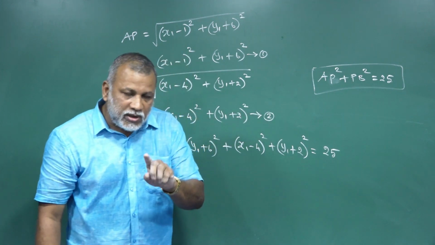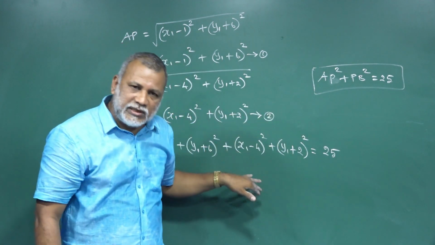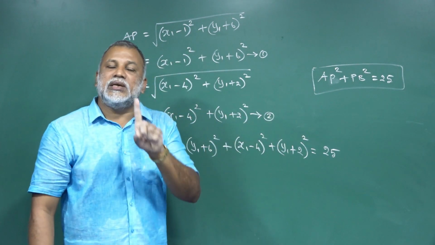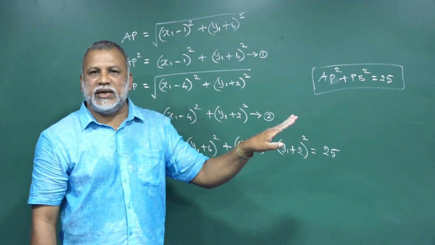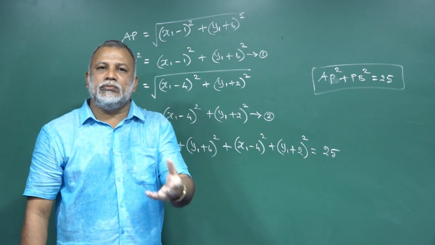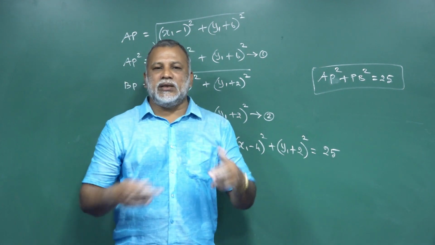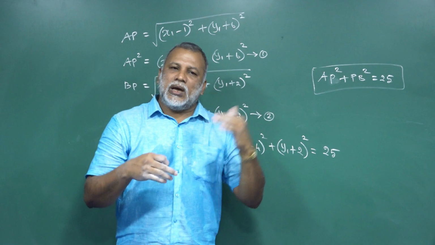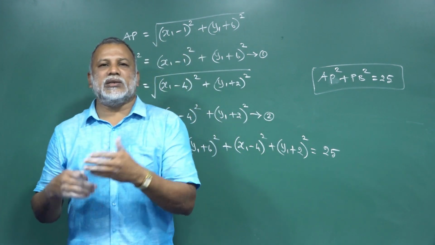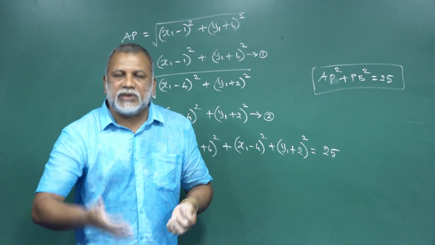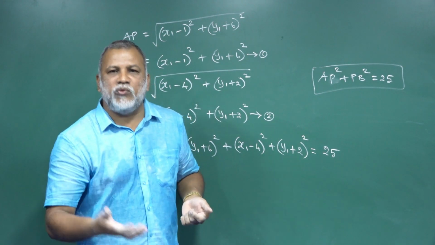Then it is very important: in the last line, after simplifying, use the sentence "locus of the point P of x1 comma y1 is", then remove x1 comma y1 and use x comma y, because x comma y means it must be a variable, a moving point.